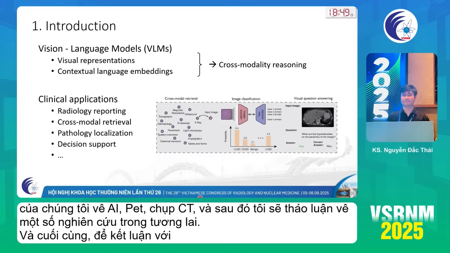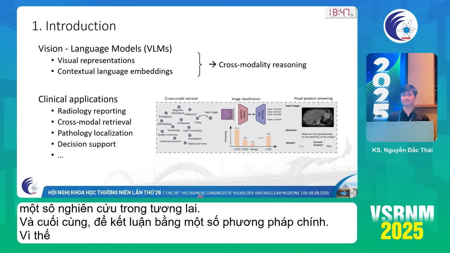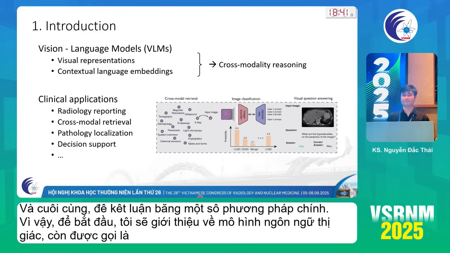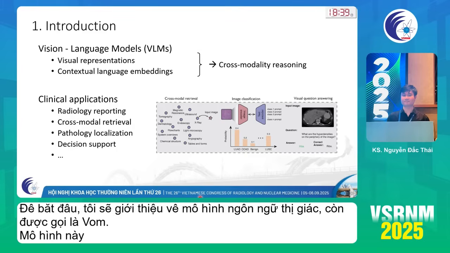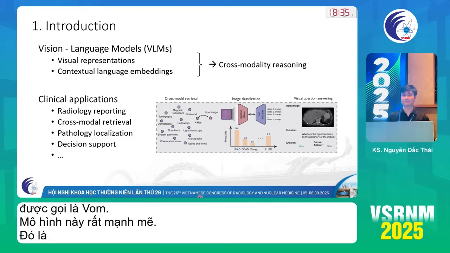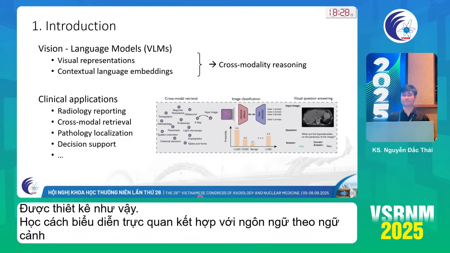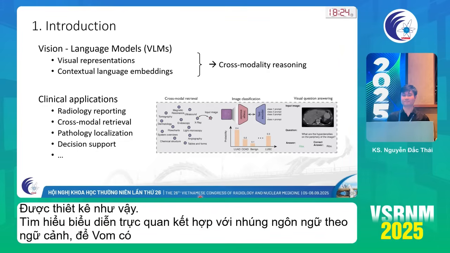To begin, I will introduce vision language models, also known as VLMs. This model is very powerful. It is designed to learn visual representations combined with contextual language embeddings, so that a VLM has the capability of cross-modality reasoning.